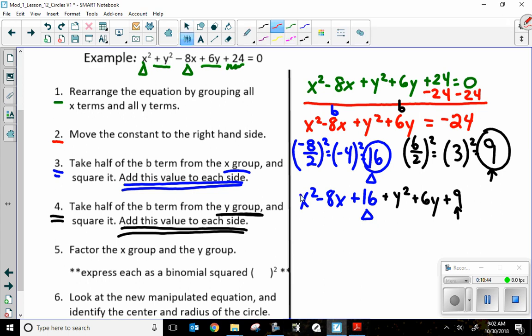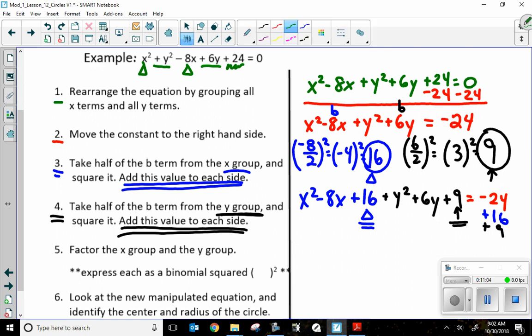But what I do to one side of the equation, remember this was negative 24, I also have to do to the other side. I still have to add 16 because I did it here, and I still have to add 9 because I did that here.